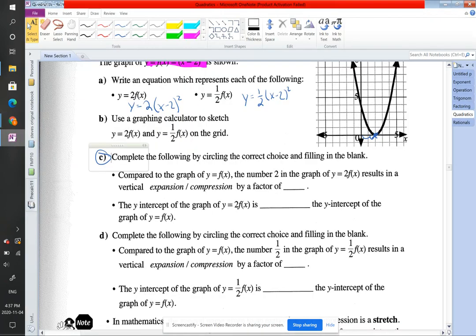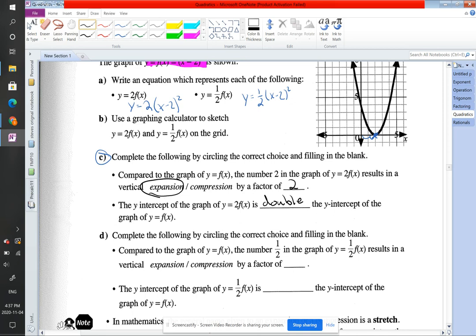So we actually call this a vertical expansion by a factor of 2. So it's like we've been stretching the graph upwards. So the y-intercept of the graph is double the y-intercept of the graph of y equals f of x.